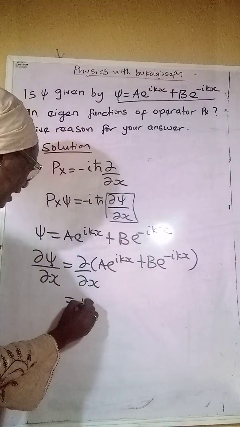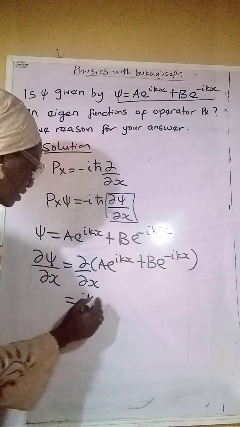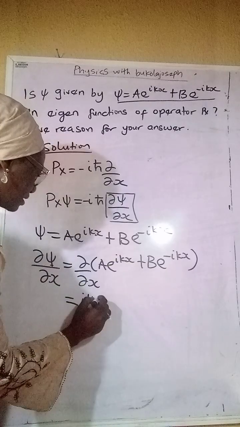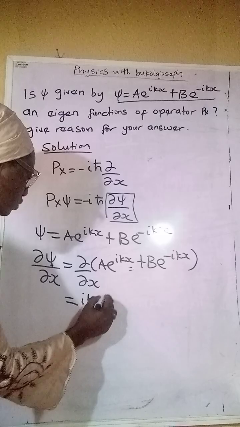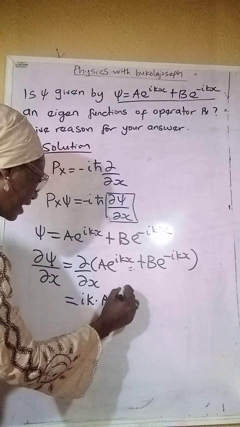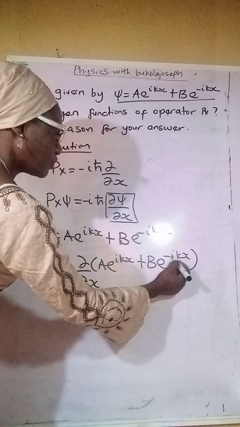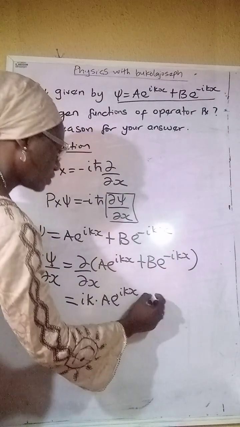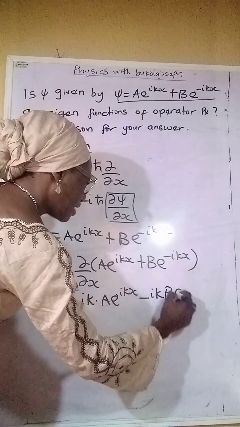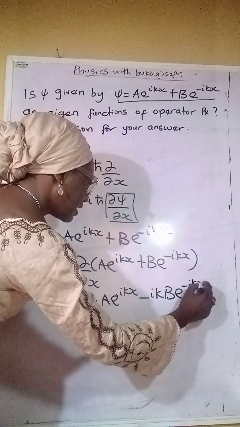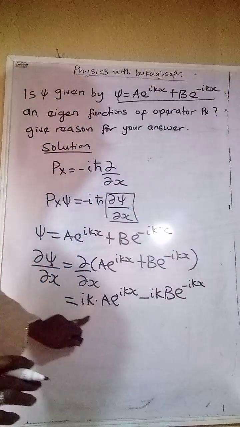So we have ik times A exponential ikx, then the coefficient is minus ik, so minus ik times B exponential minus ikx. So we have differentiated psi with respect to x, and this is what we have.